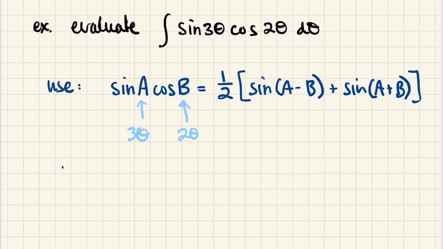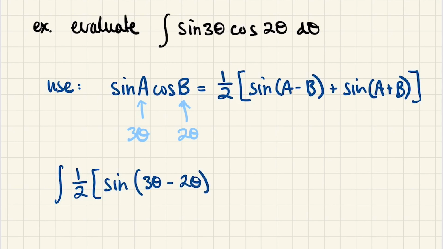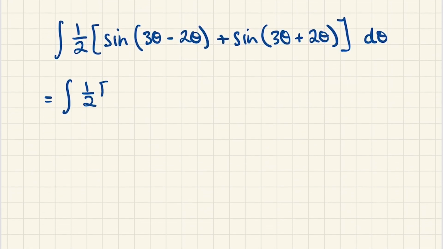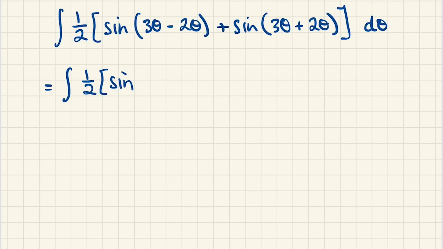So our integral becomes 1/2 sine of A minus B, that's 3 theta minus 2 theta, plus sine of A plus B, 3 theta plus 2 theta. So that would be 1/2 of sine of theta plus sine of 5 theta.